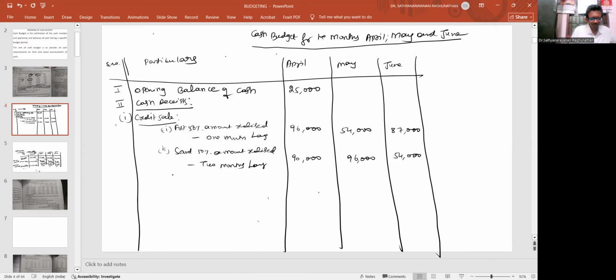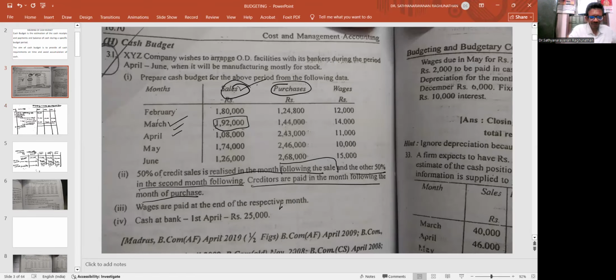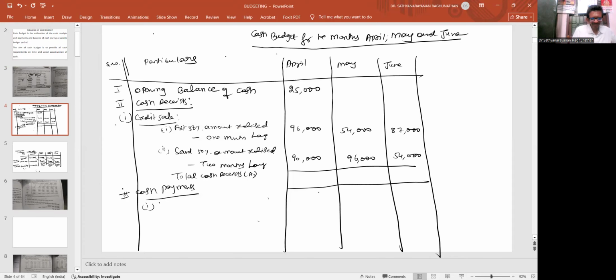Now, cash payment. Number one, credit purchases. Write it as credit purchases and 1 month lag.